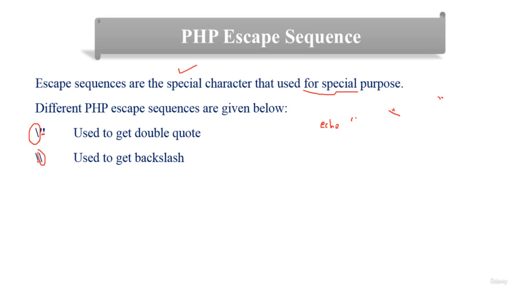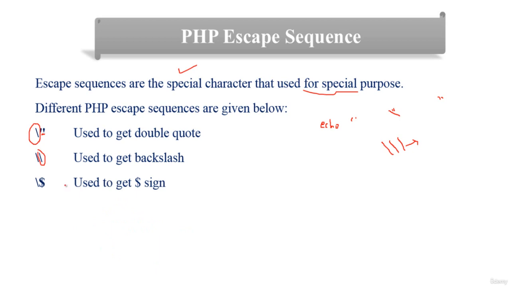After one backslash, when you put any escape sequence character, that will display. If you want to print a backslash, this first backslash is necessary. Then when you put one backslash after it, you will get one backslash. When you put another backslash, you will get two backslashes, because the first is necessary.